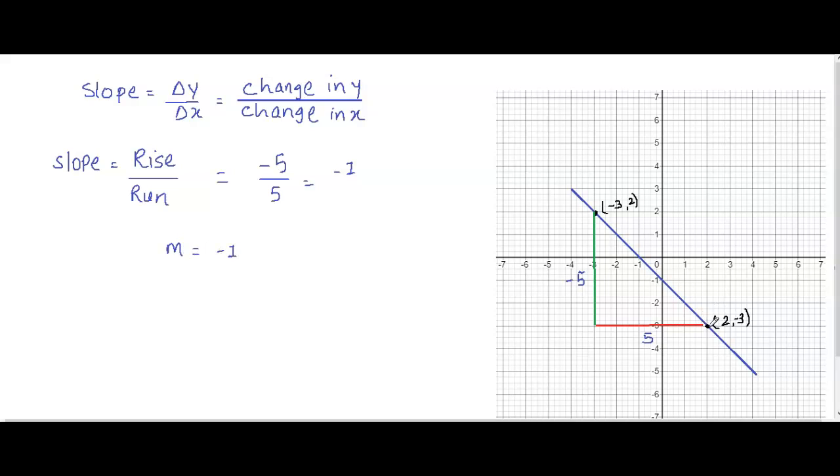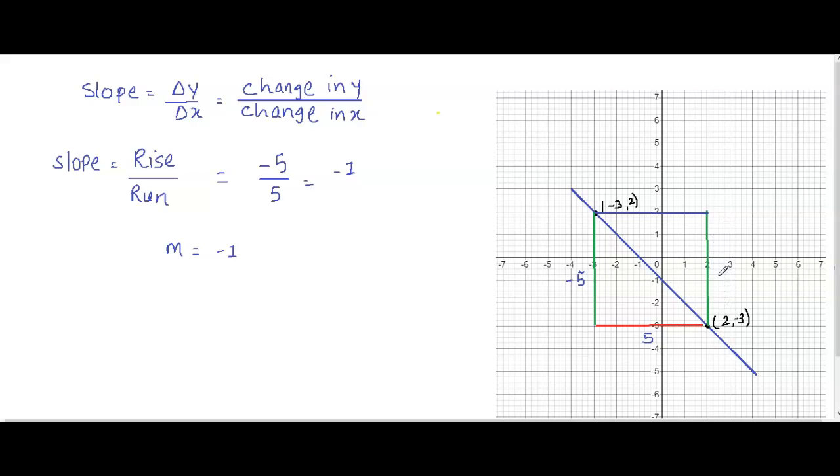Now you can also find the slope in this way. Instead of going down 5 and to the right 5, you can also go up 5 and to the left 5. I'm going to show you how to do that. So you first find the vertical distance, and then you find the horizontal distance. So let's count the number of blocks here. 1, 2, 3, 4, 5.